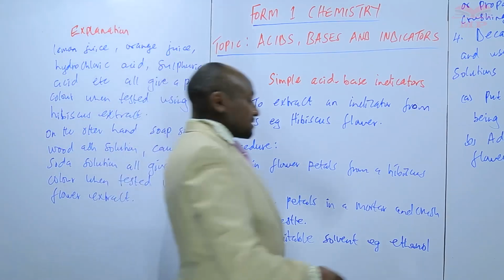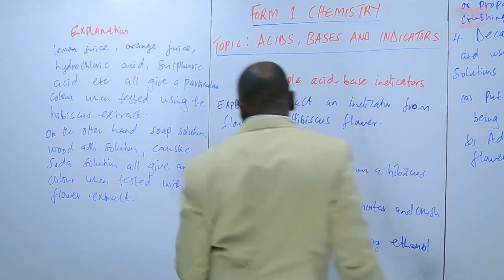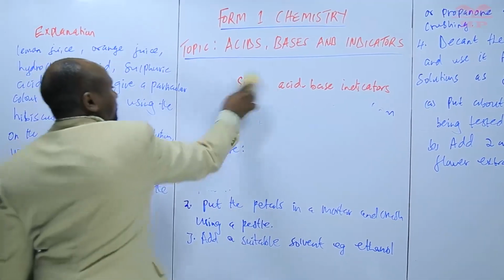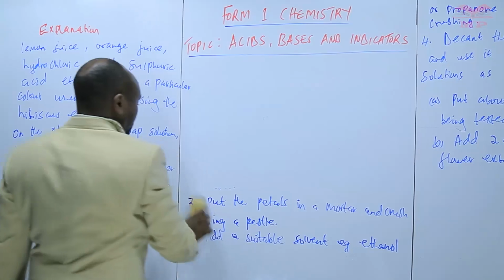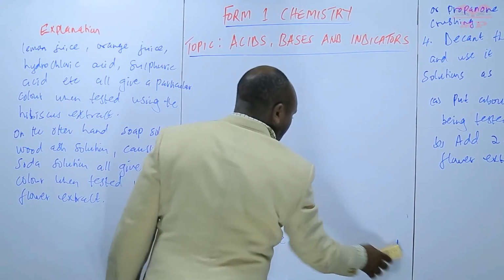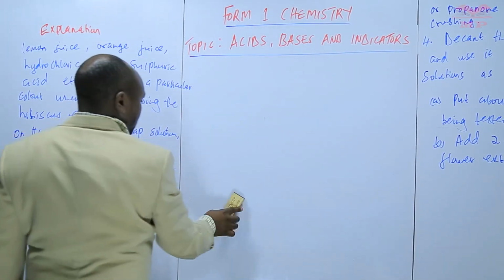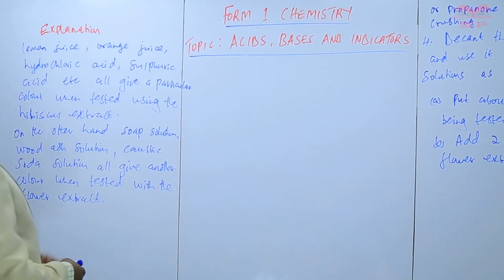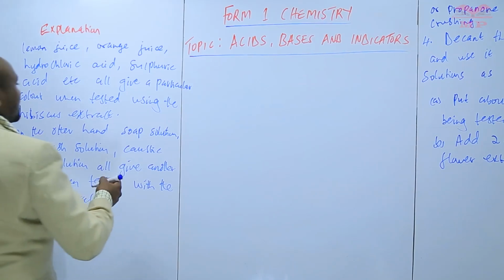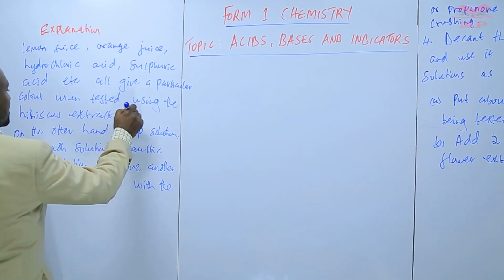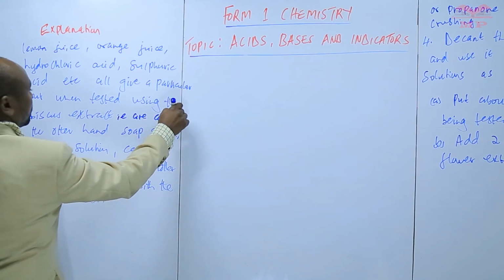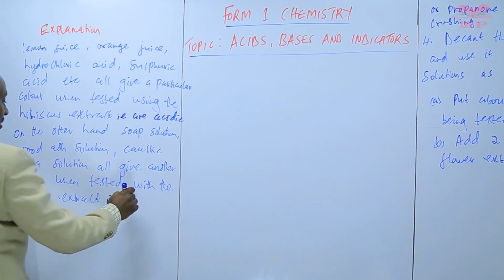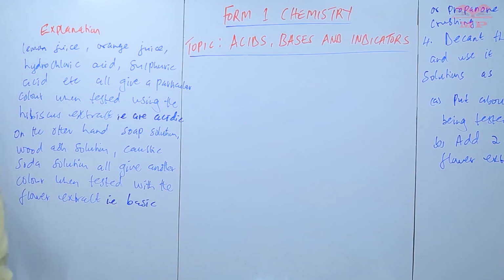We also have other substances that have no effect on the flower extract. They don't change its color. So the lemon juice and all the first ones, we can say that they are acidic. The ones that are giving another color, they are basic, or they are bases.